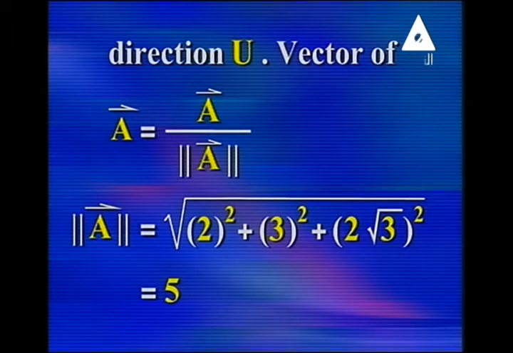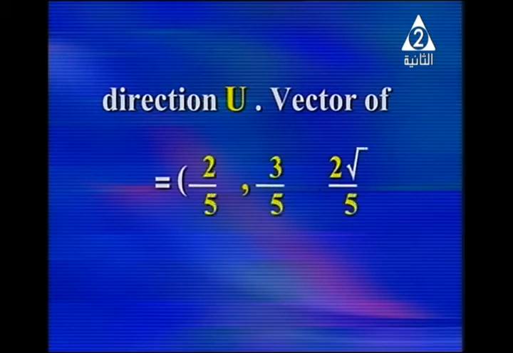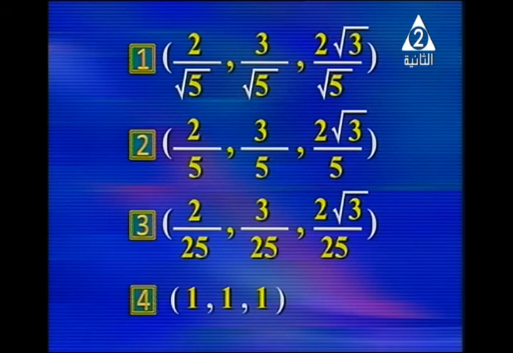Then for the direction vector, we divide the components of vector A over 5. Unit vector equals 2 over 5, 3 over 5, 2 root 3 over 5. Then the correct answer is 2 over 5, 3 over 5, 2 root 3 over 5.